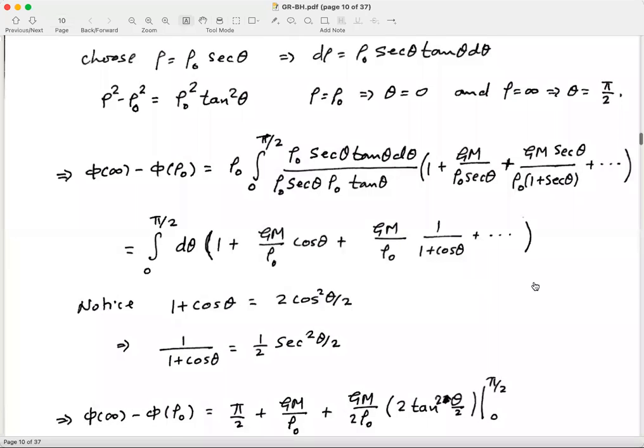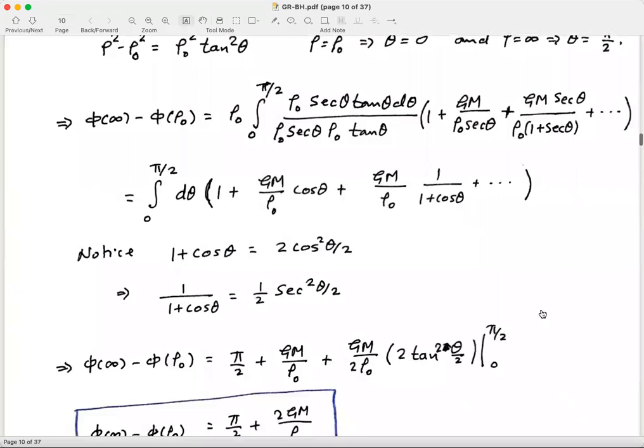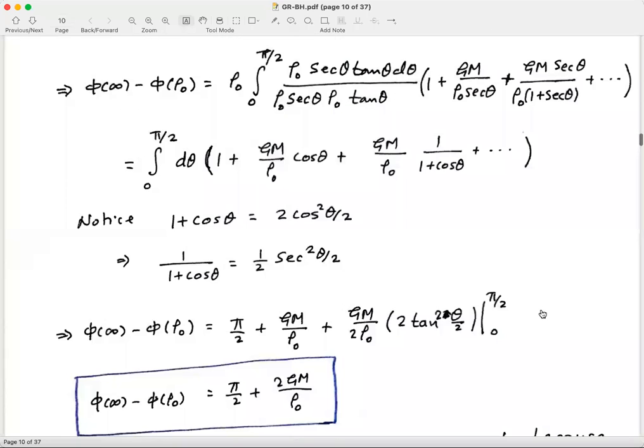So that is the kind of effect that you will see when you do this integral. One term would give you just pi by 2. This other quantity you can compute, and you get g m upon rho naught, because this will give you a sine angle, and the sine angle at the lower end doesn't contribute anything, while at the upper end it would give you just 1.